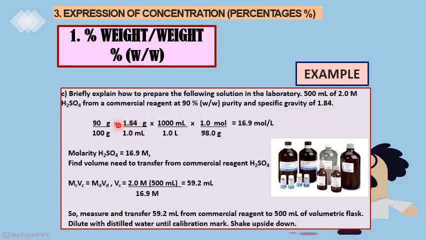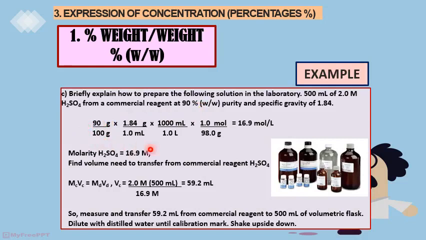To answer this, how to prepare? Firstly, you must convert this 90% weight per weight into molarity concentration, which is mole per liter, because you want to prepare 2 molar. Molar is mole per liter, so you convert this into mole per liter first.